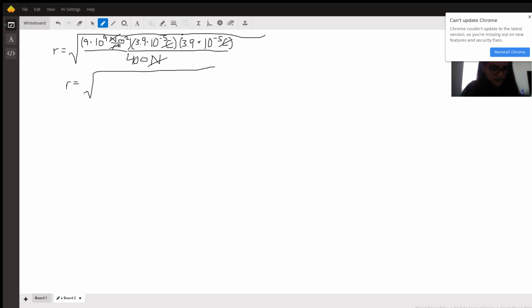So let's plug this into our calculator. Square root, okay, so 9 times 10 to the 9 times 3.9 times 10 to the negative 5 times 3.9 times 10 to the negative 5 over 400. So it'll be the square root of 3.4225 times 10 to the negative 2 meters squared.